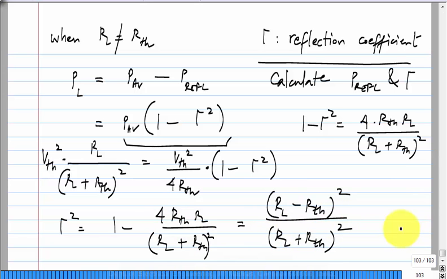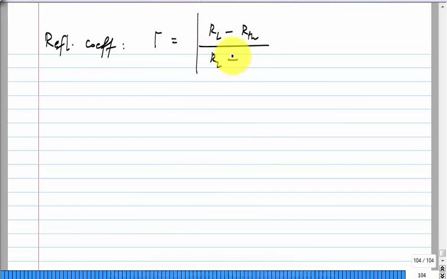Is this correct? Yeah. The reflection coefficient is therefore, I'll just take the positive square root, RL minus RTH by RL plus RTH.